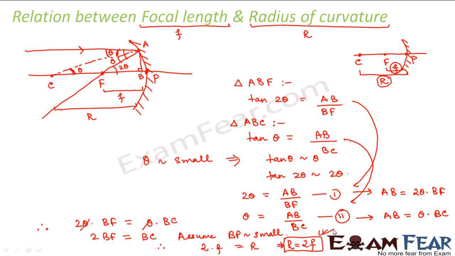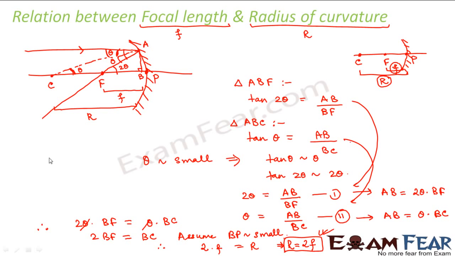So you saw how we derived this relationship. Now here we have assumed the case of a concave mirror. So instead, you can consider a convex mirror and derive the same again. The only difference would be that in the concave mirror, the ray of light which was incident passed through the focus. In the convex case, the ray of light will get diverged and it will appear to pass through the focus.